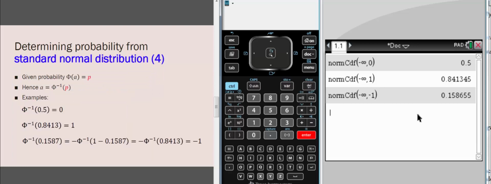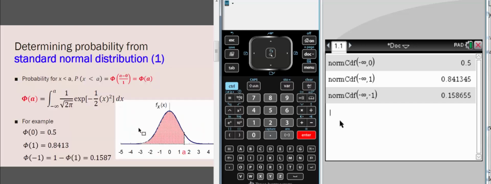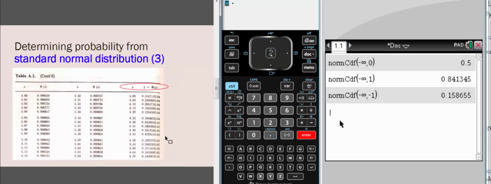Now let's see how to go the other way around. If you are given some prescribed probability and you want to know where on this standard normal curve do I need to go up to? So a is the unknown in this case, but the probability, the shaded part, is known. So how do we do that?